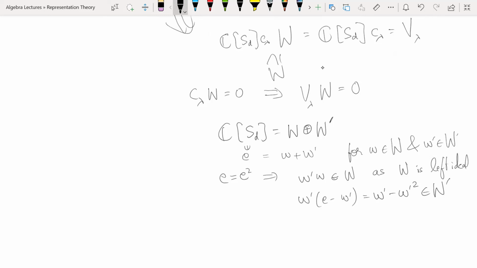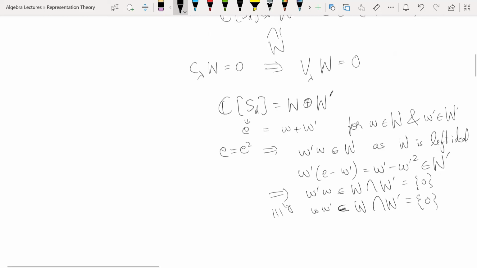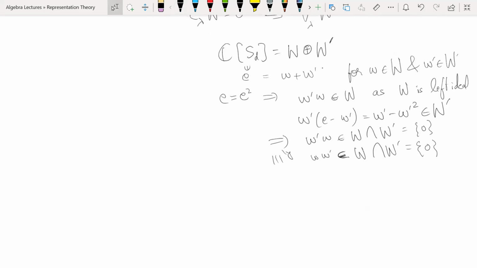So this implies W prime W belongs to W intersection W prime, which of course is 0. And similarly the other term W times W prime. So in the commutative case, it's not an issue, but here one has to be careful.